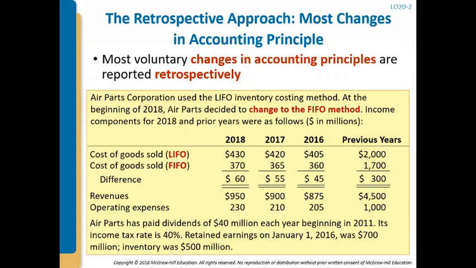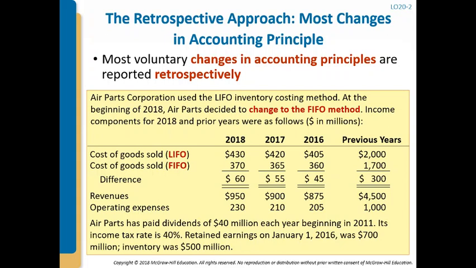And so when you have that situation, what you're going to do is, again, make the statements appear as if the newly adopted accounting method has been applied all along. And so as far as the income statements are concerned, that's what you're doing. You're changing over, in this case, from LIFO to FIFO.